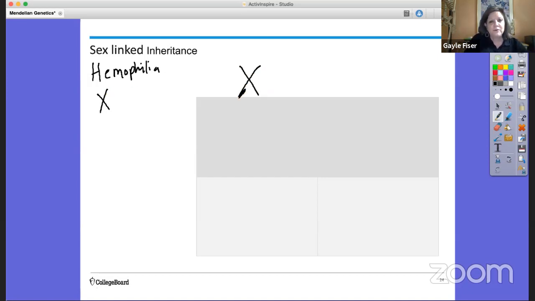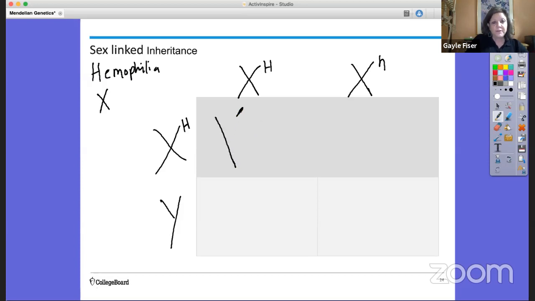So here's a female, and here's a male, and let's use an uppercase H for a normal allele, and then a little h for the diseased, or mutated, allele. So let's do this.